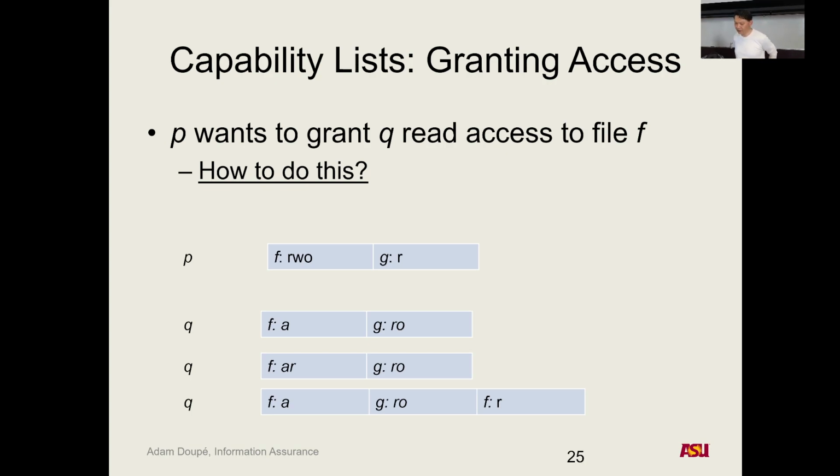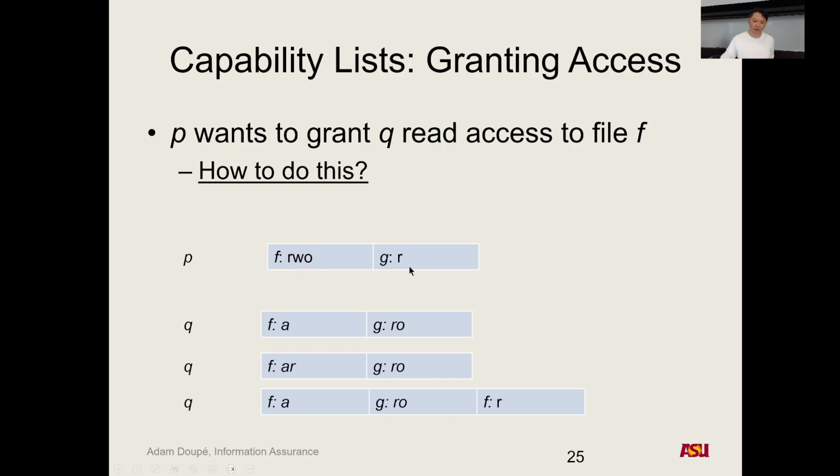So let's discuss how it works for subjects. Here, labeled as P: P can grant Q read access to file F. This figure should be shown one by one, but they are shown at one time. So P has capabilities against these objects, P and Q, P and F and G, right?